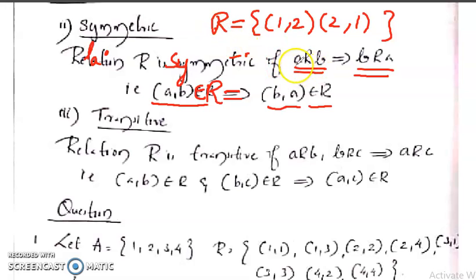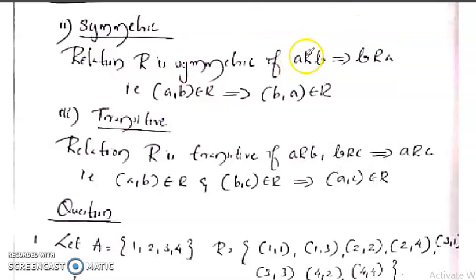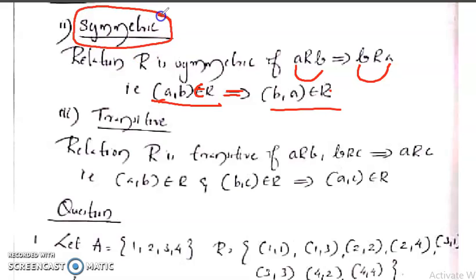What is symmetric? 1 related to 2 means 2 is also related to 1. That's what is defined here. A related to B implies B related to A. Then we say relation R is symmetric.